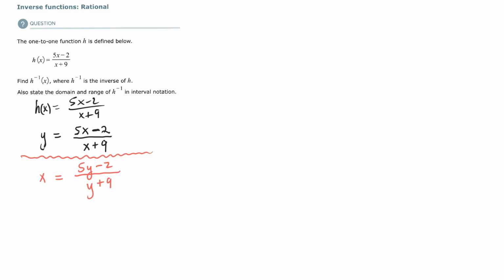Now the goal is to solve for y. If we solve for y, we just need to collect like terms and get y by itself on one side of the equation. That's a minus 2.